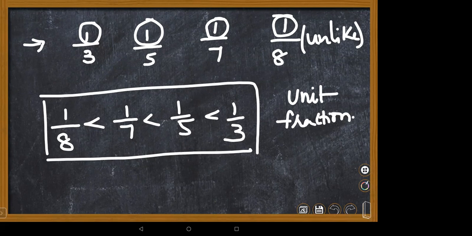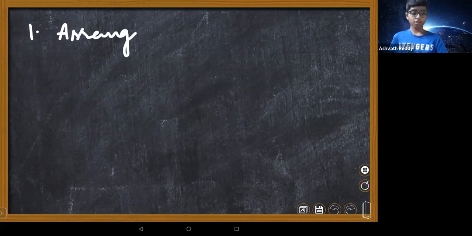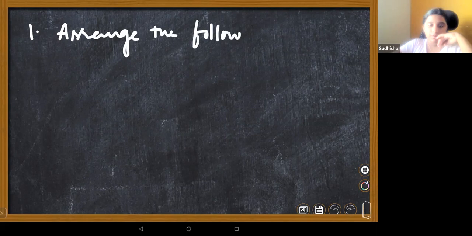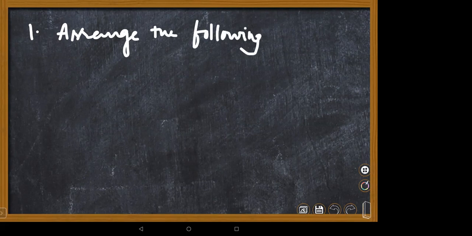Okay. Now I'm going to give a few questions to you. Let me check how many of you respond quickly. Arrange the given fractions in ascending order. Ma'am, give me a hard question. Yes. Arrange the following in ascending order.